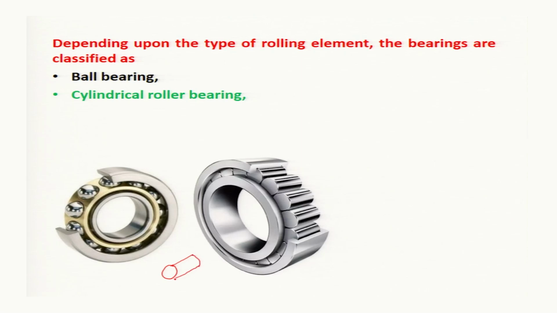So what will be the difference between this cylindrical roller bearing and the ball bearing? And that is the point of contact between the ball or the rolling element and the races. In the case of ball bearing, there will be point contact, and in the case of roller bearing, there will be a line contact like that. And in this case, there will be point contact.